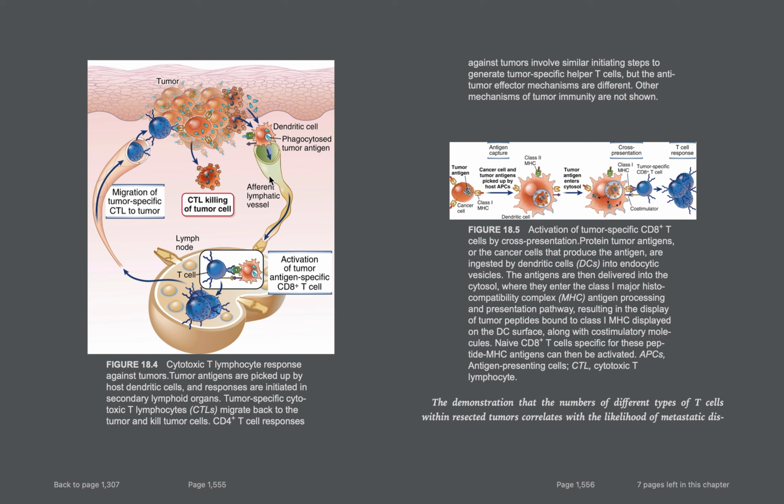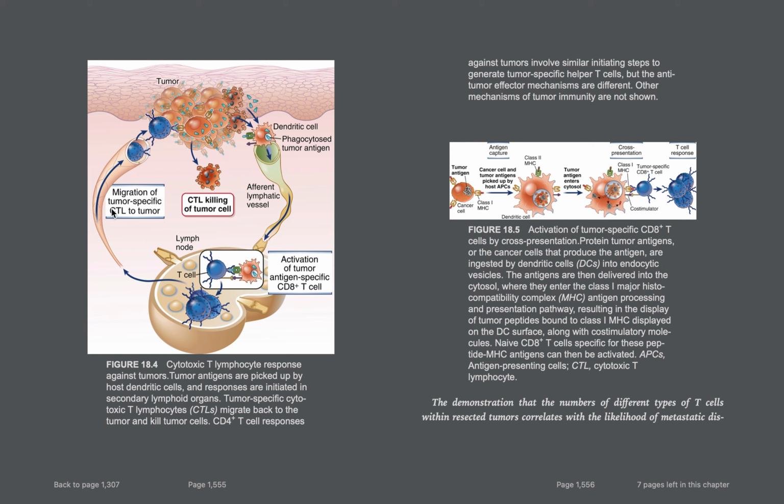So in this diagram, we have a tumor, and there are dendritic cells here, which are picking up some molecules from the tumor. Then, in phagocytosis of tumors, they are taken back to the lymphoid organ. Then comes activation of tumor antigen-presenting CD8 T cells. After activating, we have the activated T cells.